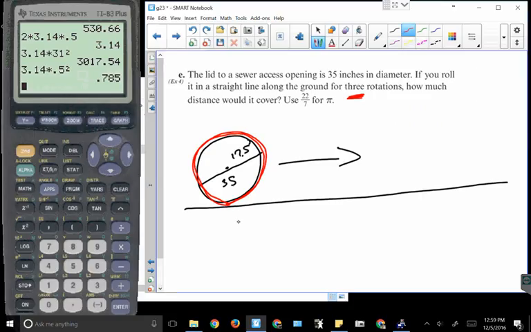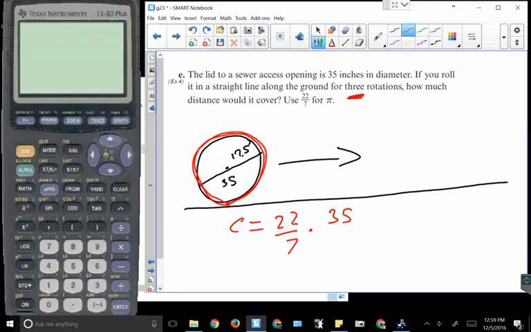Now, we were given the diameter, so I could just use that rather than a decimal number. So circumference is equal to 22 over 7, because it tells me to use 22 over 7, multiplied by 35. If you actually follow instructions and don't try to divide things out and use a calculator, you have a very easy calculation.